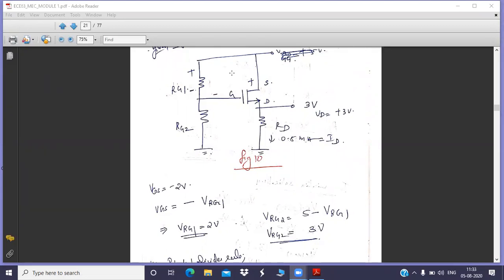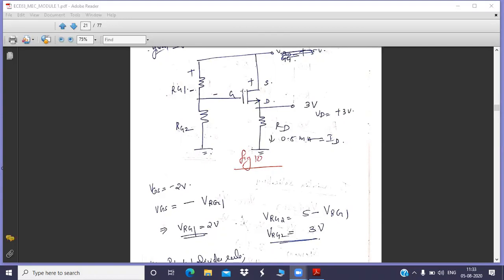It is RG1. If you have two circuits in parallel, then the voltage across the two terminals will be the same. Say you have two terminals AB and two terminals CD, and these are connected in parallel, which means their voltage will be the same. So this voltage VGS will appear across RG1 also, because RG1 is connected between gate and source.